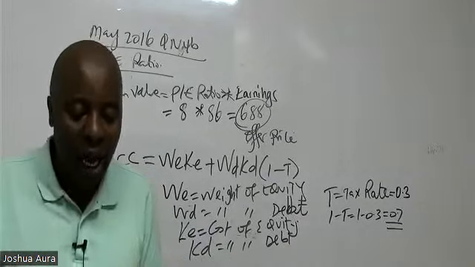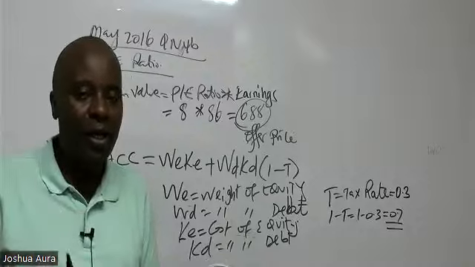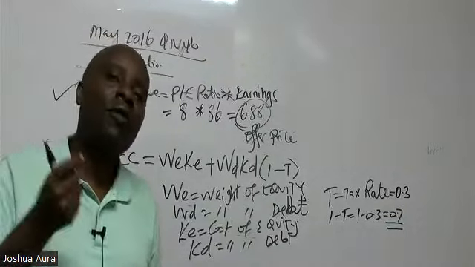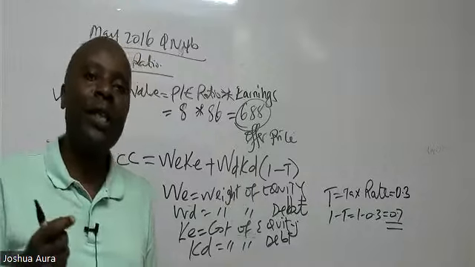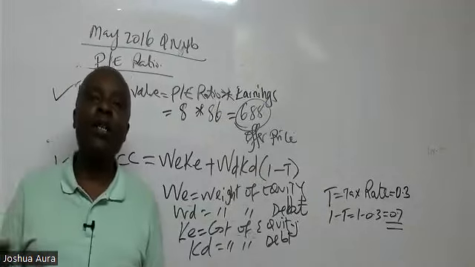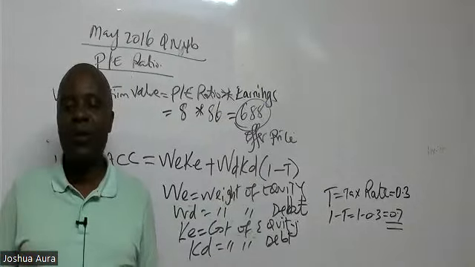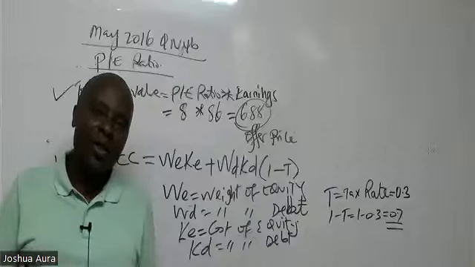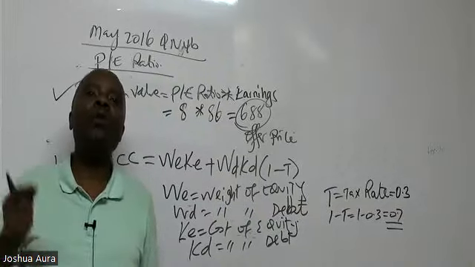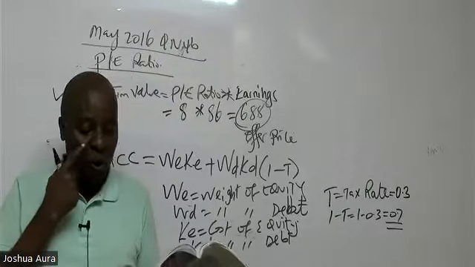Could you kindly underline for me the word gearing? Gearing has got every association with debt. Gearing and debt are one and the same. So whenever you hear of gearing ratio, this is automatically the same as weight of debt. You don't even have to reason at all.